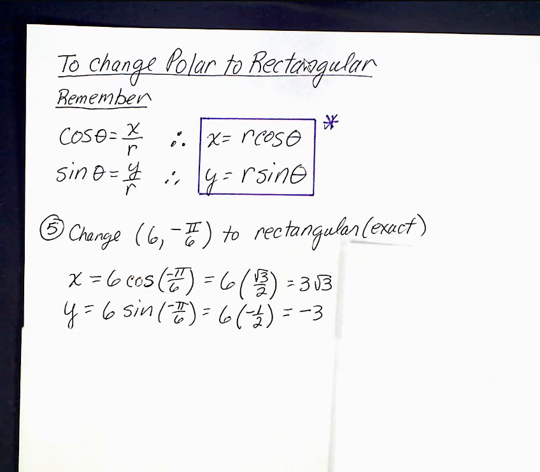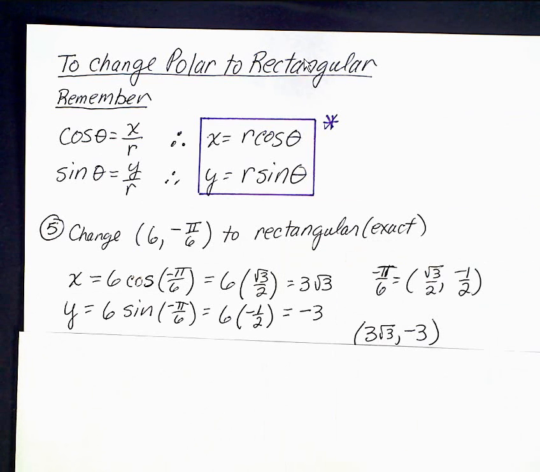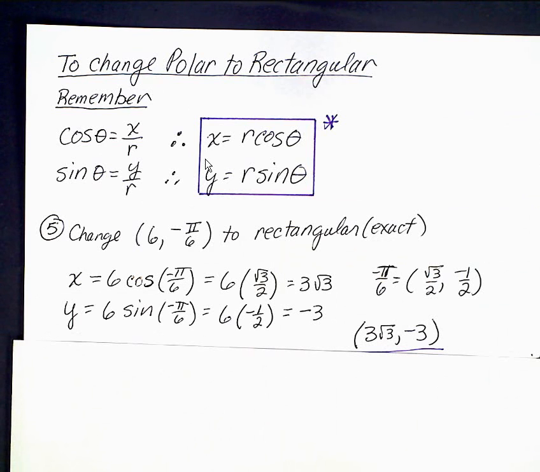So you'll notice that when you take x equals the r value, which is 6, cosine of -pi/6, remembering that -pi/6 is in quadrant 4, so you have positive radical 3/2, -1/2 for the coordinates. You're going to get 6 times the cosine, which will be positive radical 3/2. You're going to get 3 square root 3.